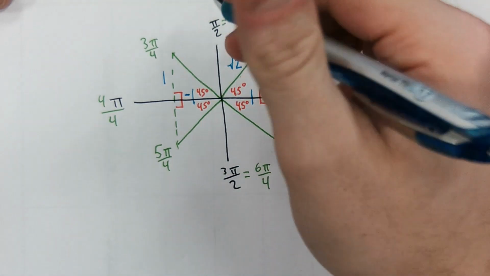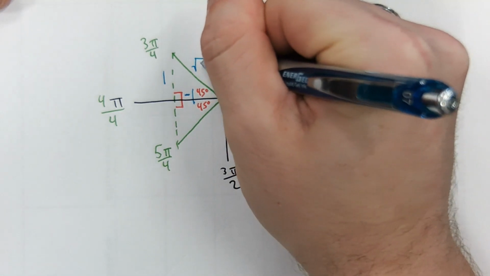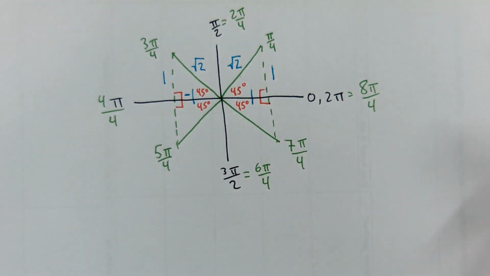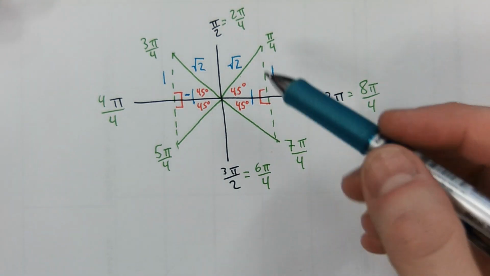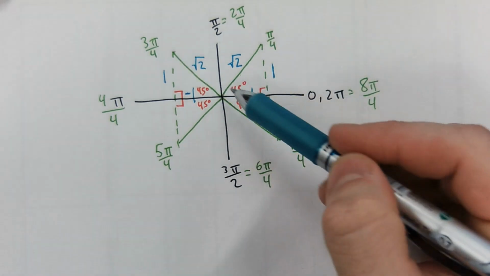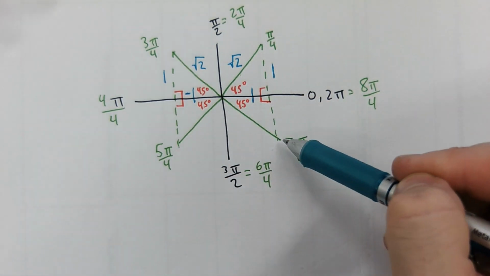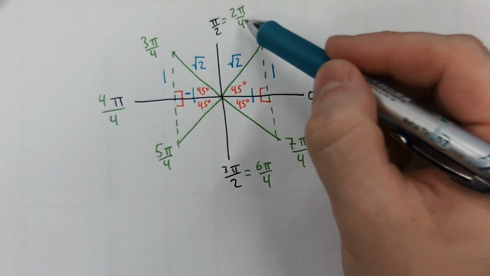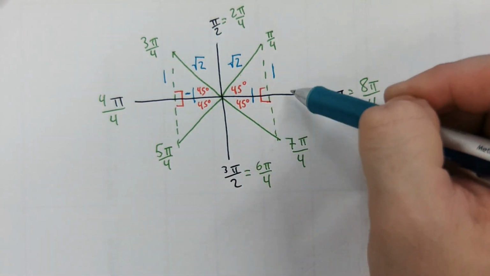The hypotenuse, which is technically the radius of a circle, is always going to be a positive number. So the green lines will always be positive because they represent the radius of a circle. I just didn't draw that circle.